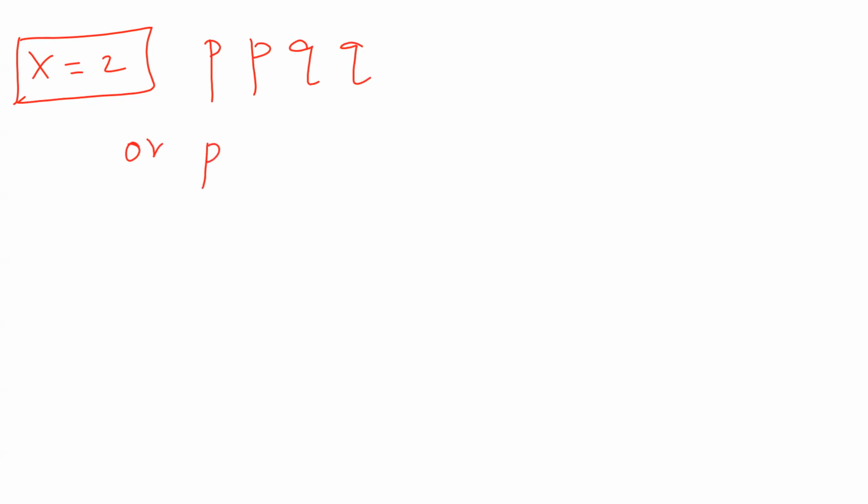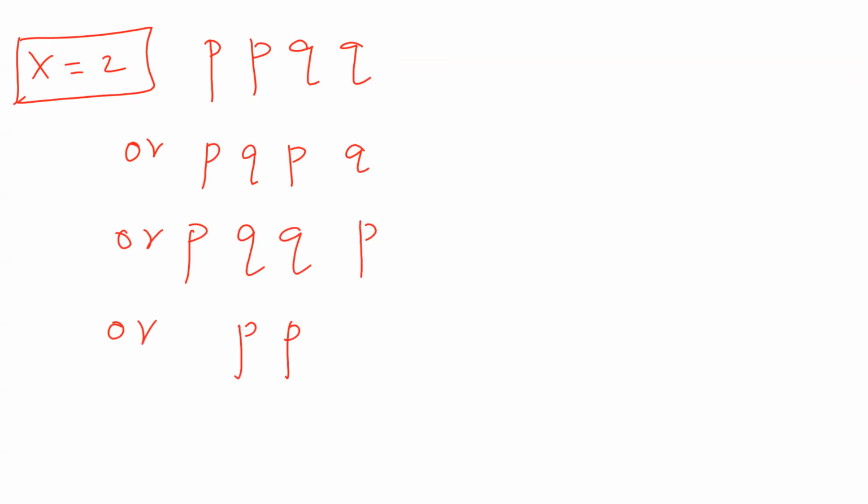Or first and third will be defective, and when we are pulling for the second and fourth time, it will be non-defective. Or the first and last will be defective, but then the middle two will be non-defective. Or second and third will be defective, first and last will be non-defective.